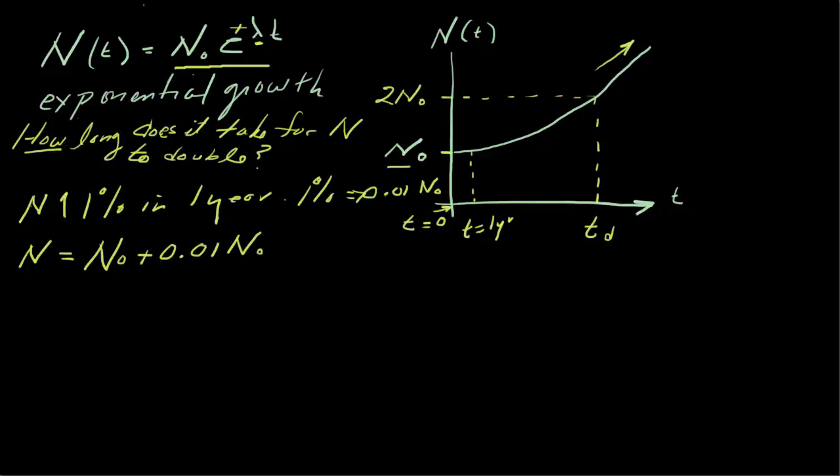Let's factor out the n0, so we can say that n then is equal to n0 times 1.01. Okay, and so our new value of n is going to be equal to the starting value, n0, times e to the lambda. But now we no longer have a variable up here. We have a specific time.